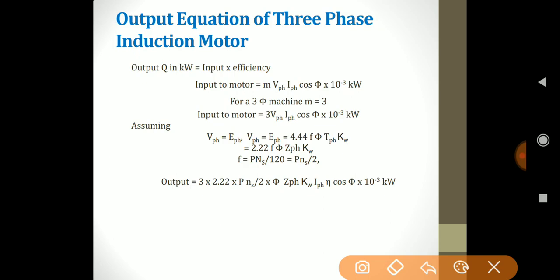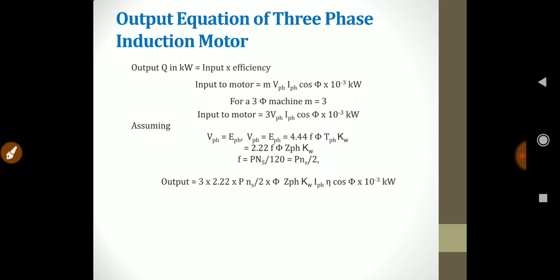Hence 4.44 has become 2.22 in this term, rest of the terms are as it is. F phi is as it is, TPH is converted to ZPH, kW is again as it is. Then the frequency formula, as I got, frequency is equal to P ns divided by 2, where small ns is synchronous speed in RPS.